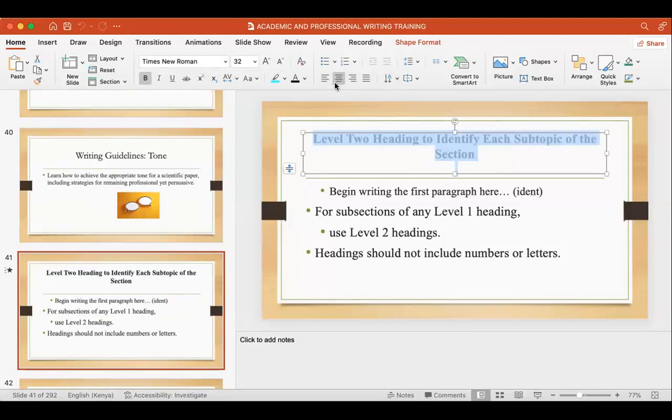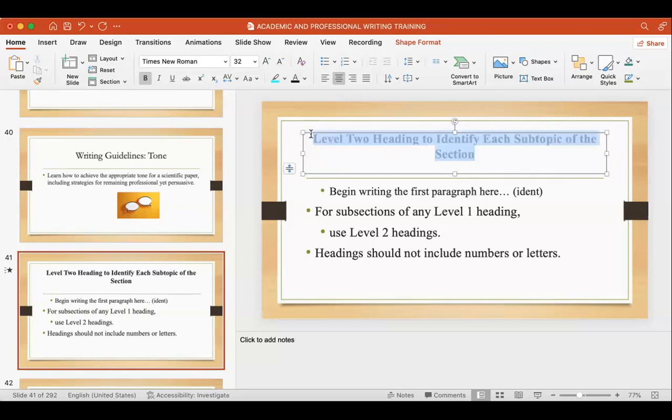If you go to home, this is centered. Are you able to see that? Because if it was left aligned, this is how it will look like. Do you see the difference? Kasioka, do you see the difference? Yes, I can.